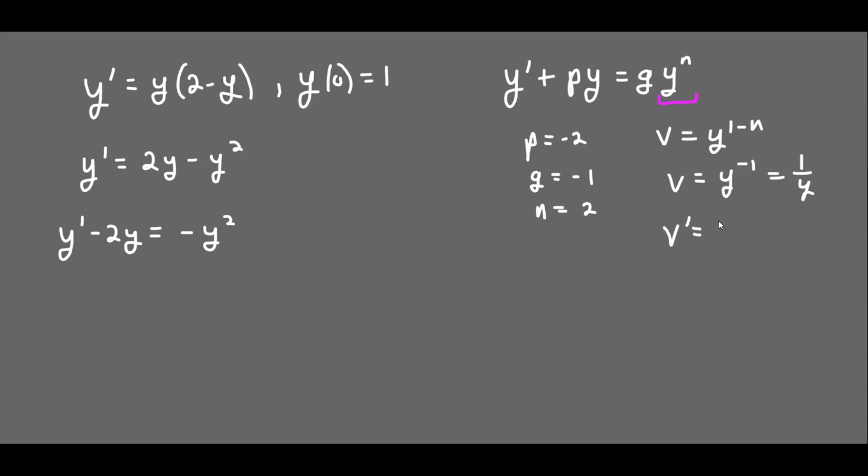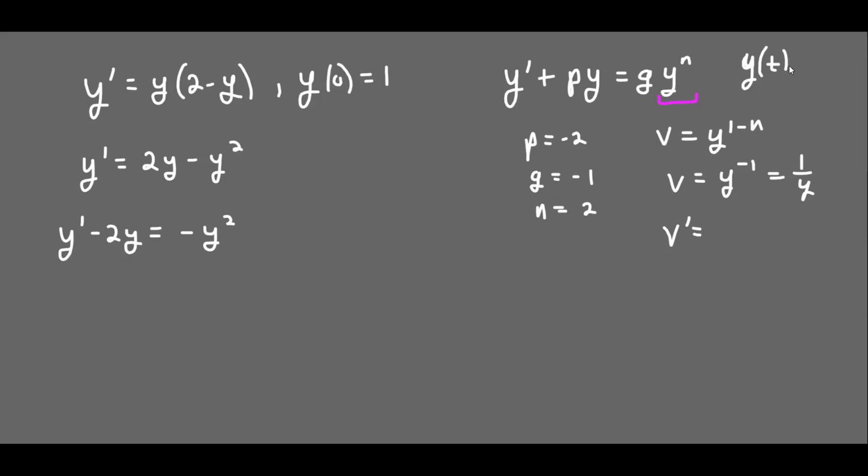And we're using an independent variable here that's not seen. So y is some function of t. You could use x, doesn't matter. We're going to use t in this problem. That means v is also a function of t. So when we take the derivative, we're actually taking the derivative with respect to t.